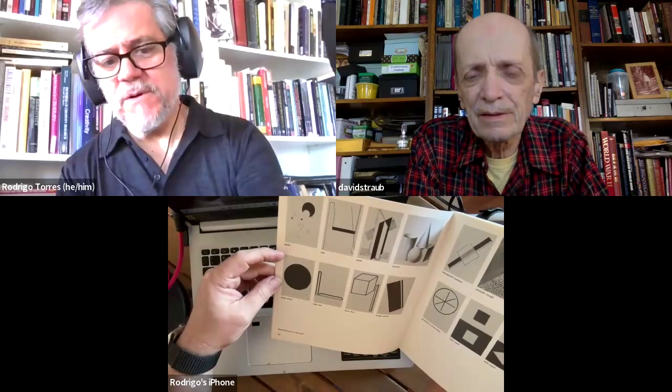And then we have the Bauhaus movement, design and form, by Itten, and his list is different also. So he has here point, line, plane, volume, large, small, high, low, thick, thin, broad, narrow, transparent, opaque.